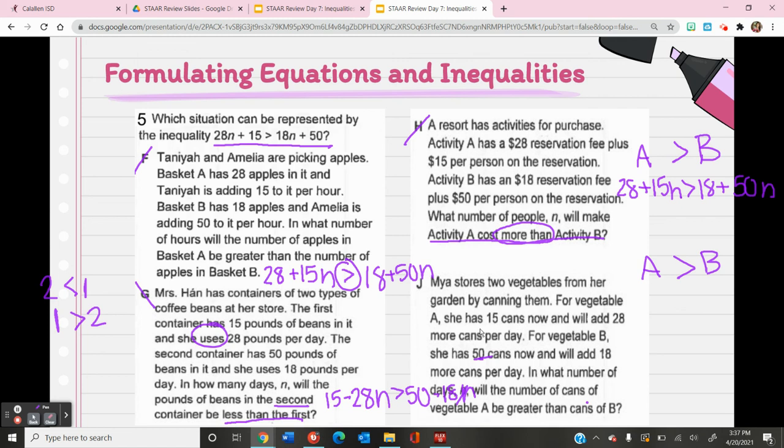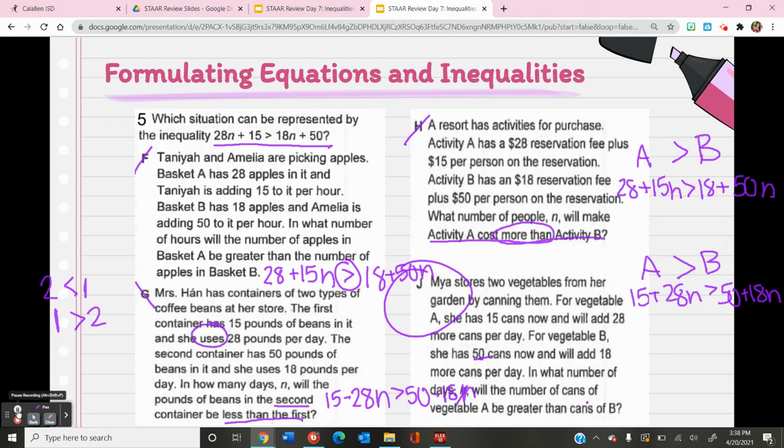So for vegetable can A, she has 15 cans now, and she's going to add 28 cans per day. And this is greater than vegetable B, who has 50 cans now, and will add 18 cans per day. So looking at my inequality statement here, this one does match our statement here, so therefore J is my answer.